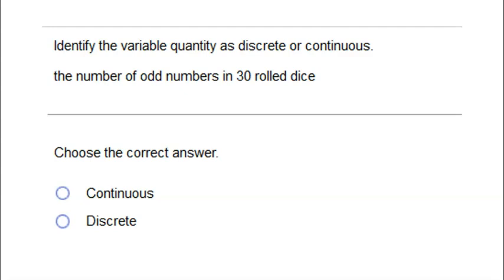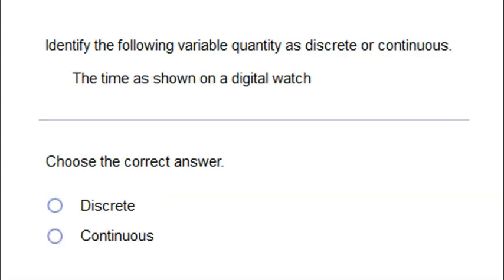Okay, so if we roll 30 dice and we count the number of odd numbers, could that be 2.7? Well, no, because you have 30 rolled dice. It's either going to be 1 or 2 or 3 or 4 or 5 on up to 30. There's no other values in between that you can get, so we're going to say that this is discrete. Absolutely has to be. Okay, next question.